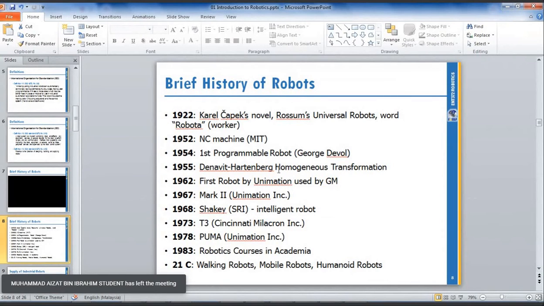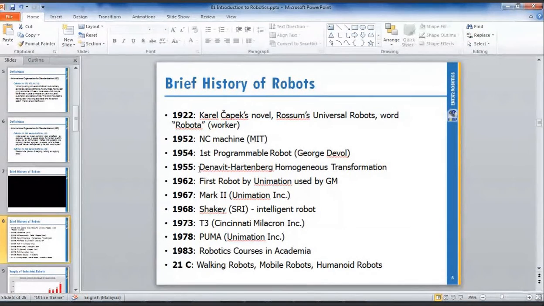Before this was the homogeneous transformation matrix. And then this guy in 1955 tried to improve the homogeneous transformation matrix, using his name, I think. This is David Tenberg, I think his name, who developed the DH method that we use until now.